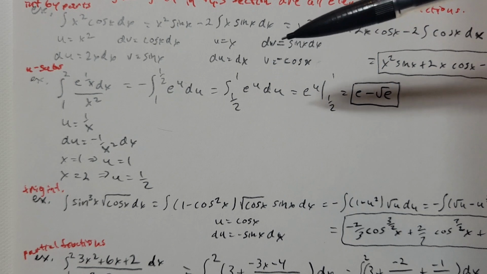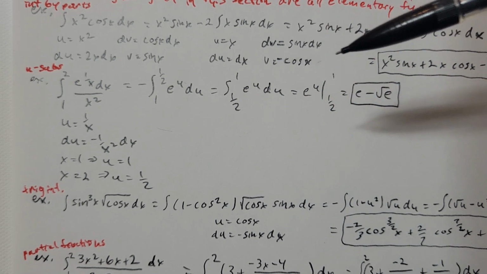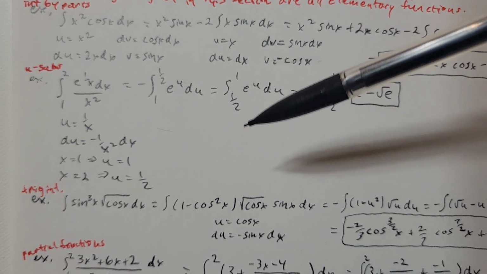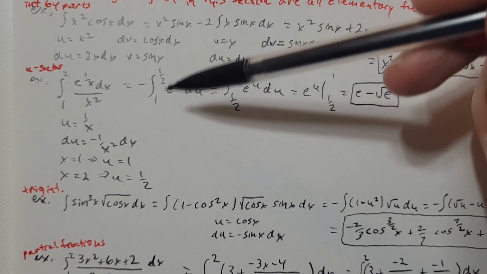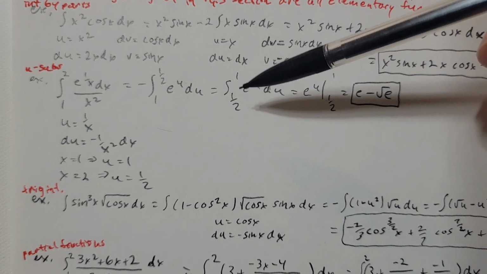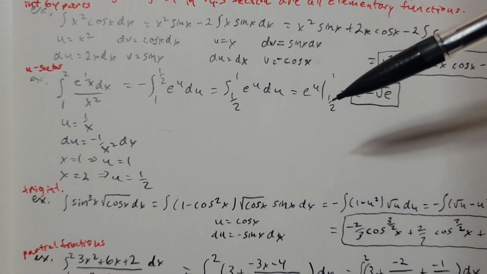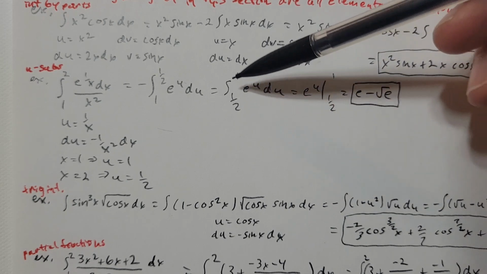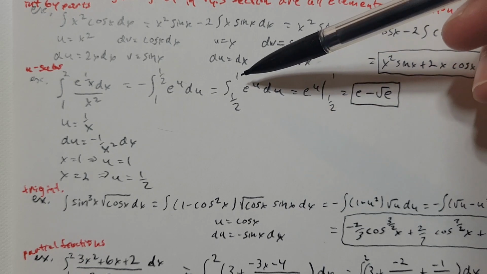Now, from Calc 1, I've seen that, of course, when we have a definite integral, the lower bound always needs to be the smaller number, the upper bound always needs to be the bigger number. I can go ahead and flip these bounds as long as I throw a negative in front of the integral. Well, I've already got a negative in front of the integral, right? So the opposite of a negative is positive, and now I'm integrating e to the u du, going from 1/2 to 1.